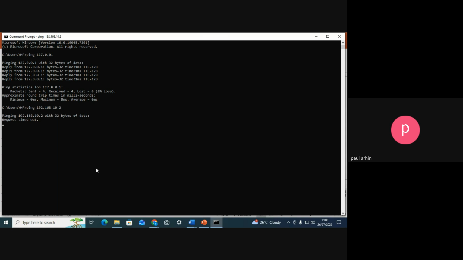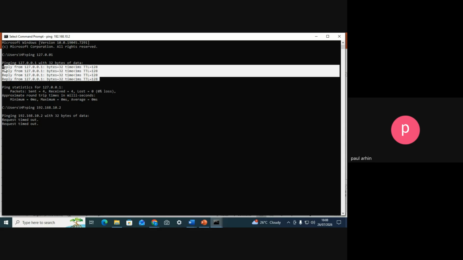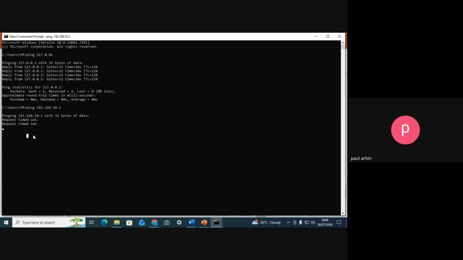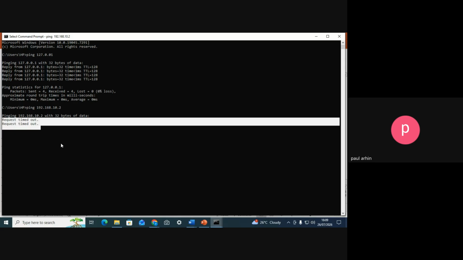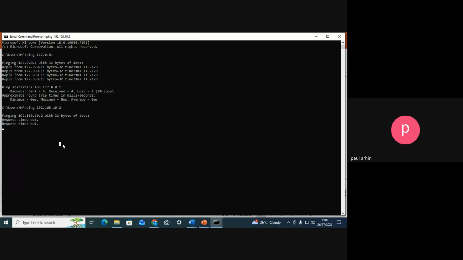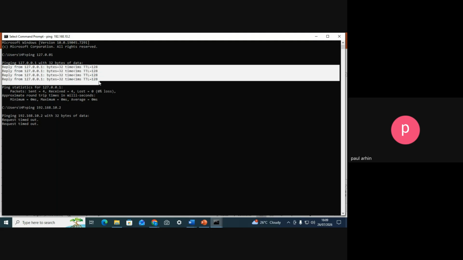It can't locate that network interface card, so the request timed out. This one gave me a reply, but this is giving me a request timed out because it is not locating any IP address in existence. Because I had this reply, it means my network interface card is operational and working well. It's called a self-check or self-test.